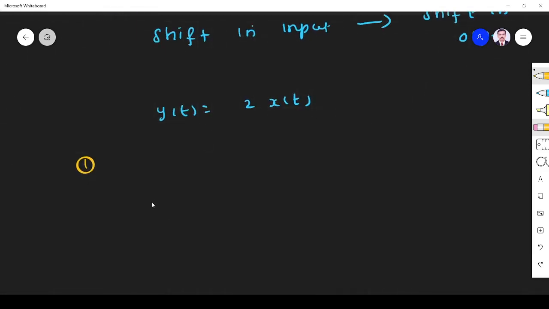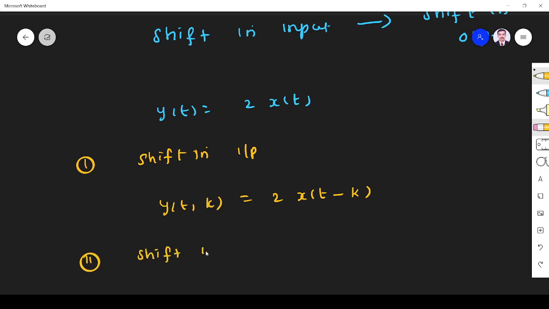First step, you shift the input. The input is shifted by some k units, so on the right hand side you can write y(t, k). Then you shift the output by the same k, y(t - k).